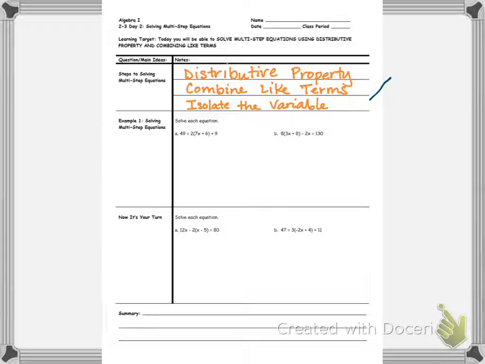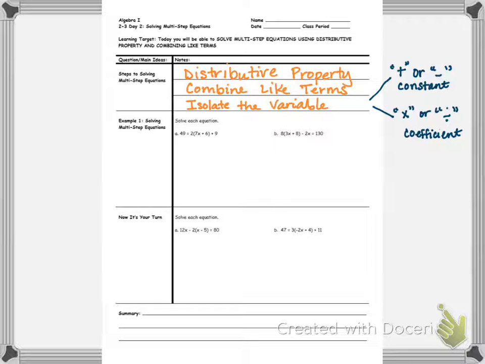I'll write this off to the side. So add or subtract your constant, and then multiply or divide your coefficient. So remember, your constant is your number that floats around by itself without a variable, and your coefficient is your number that is directly in front of a variable.